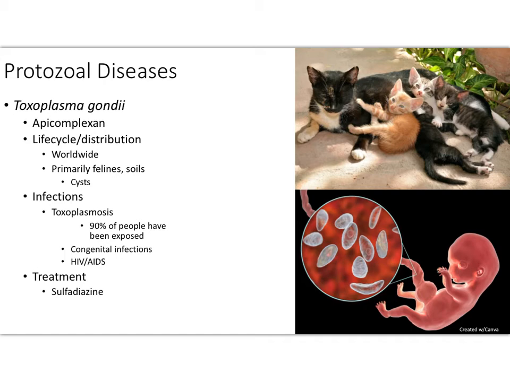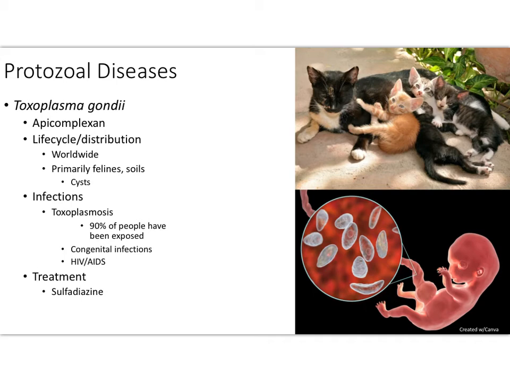This one's interesting because most of the time it doesn't cause typical GI symptoms. So you're not talking about cramping or diarrhea or things like that. You might get some of that. But oftentimes with this one, there's just kind of a general feeling of body aches, maybe a low-grade fever, just kind of generally feeling under the weather, not feeling great. And then for most people, it will go away on its own.